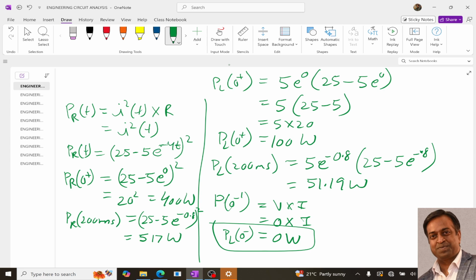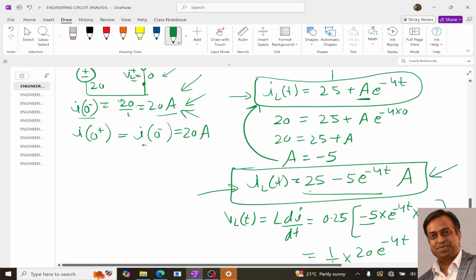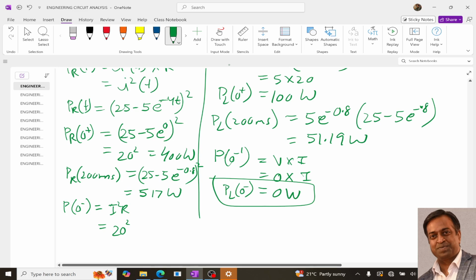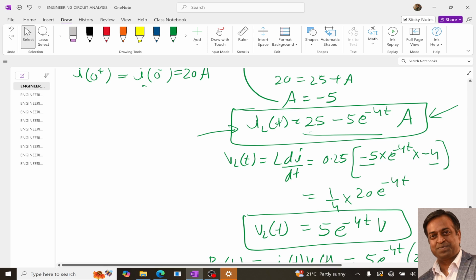And for 0 minus, the formula is I square R. What is the current? The current at 0 minus is 20 ampere. So substituting this value, 20 square into R is 1, so it is 400 watt at 0 minus. So these are the answers for the second part of the question.